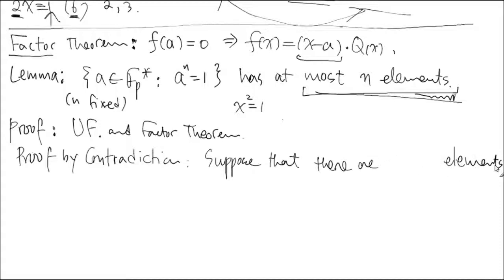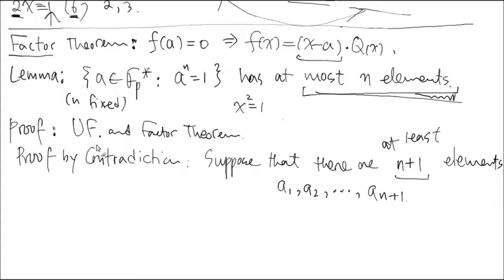I realize it is sufficient just to say at least. At least how many elements? N plus 1, right? Then it is exactly the negation of the statement we're proving. Okay, everybody agreed. We have n plus 1 elements. They are called a1, a2, all the way up to a_{n+1}.